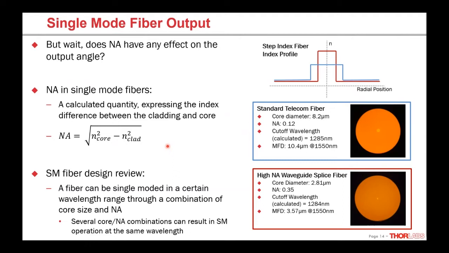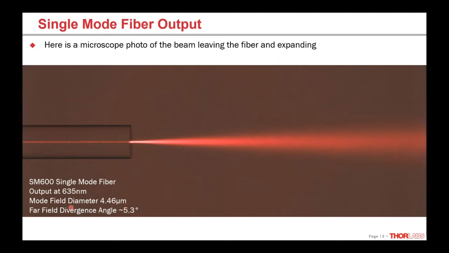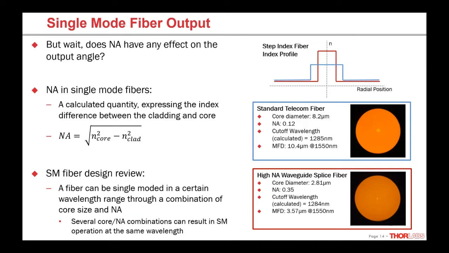NA is the sine of that angle of divergence or convergence. So what they're looking at is this far field divergence angle that we'd see, and then they back calculate what the NA would seem like from that. And sometimes on a spec sheet, they don't say which is which. So we've got to be careful with that when we're looking at fiber specs.